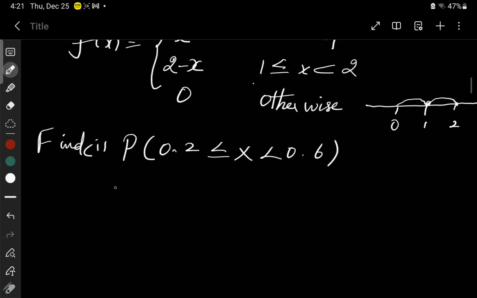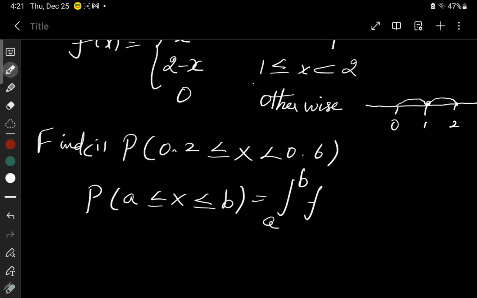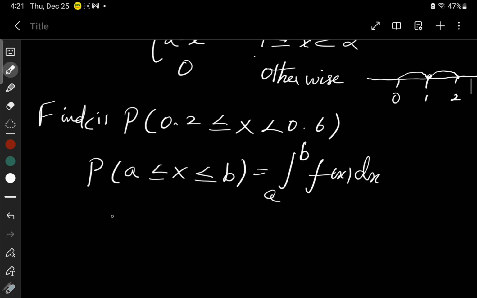According to the definition for the probability density function, the probability of a less than or equal to x less than or equal to b is the integral from a to b of f of x dx. Here in the place of a we have 0.2 and b is 0.6.